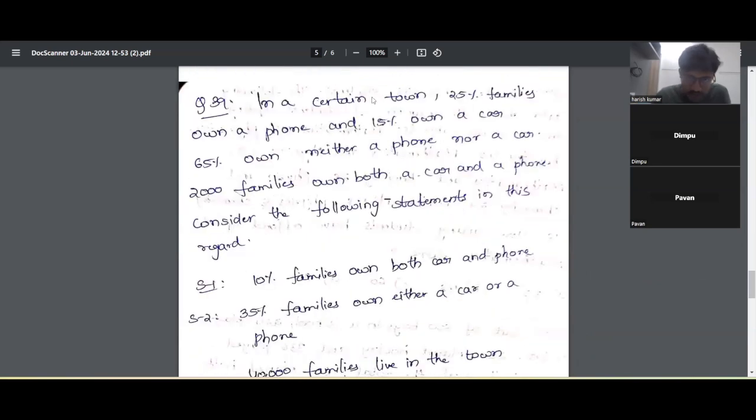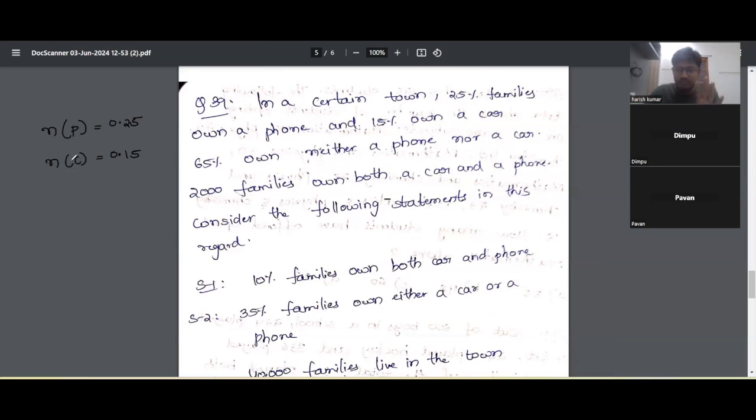All right, let's look at this question. In a certain town, 25% of the families own a phone. So n of phone is 0.25. 15% own a car, so n of car is 0.15. 65% neither own a phone nor a car.